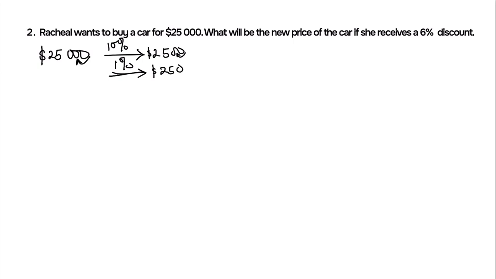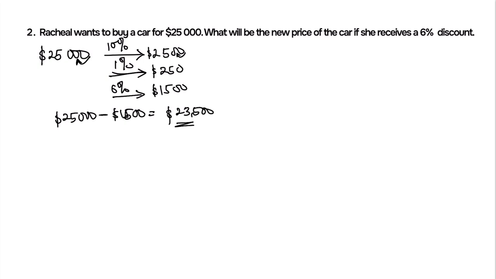Since I know 1% is $250, I can get 6%, which is 6 times $250, and that should be $1,500. So for me to get how much Rachel is actually paying, it should be $25,000 minus $1,500. That will give you $23,500. This is the actual price Rachel will be paying.